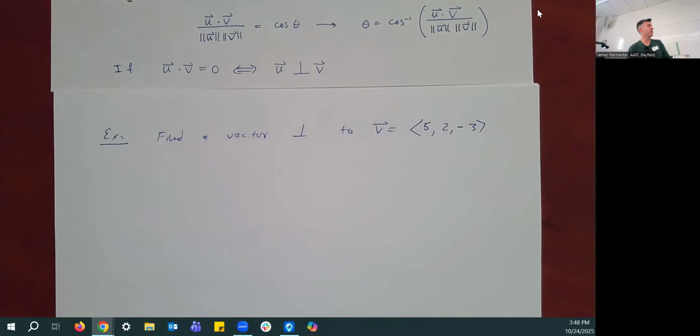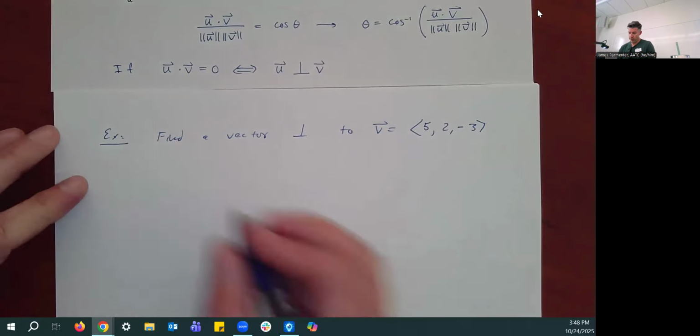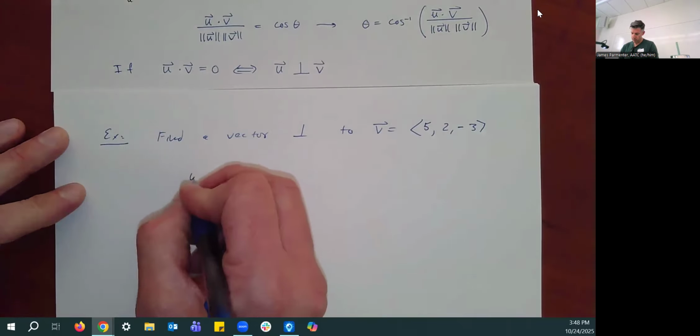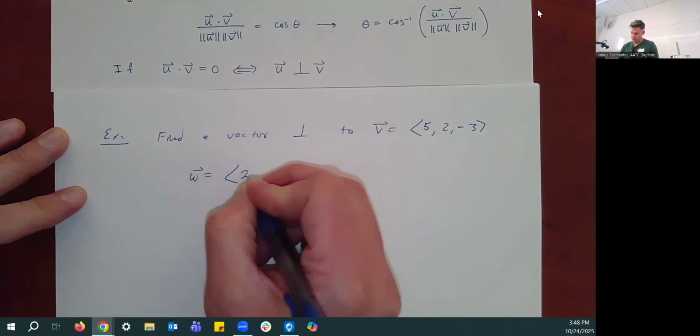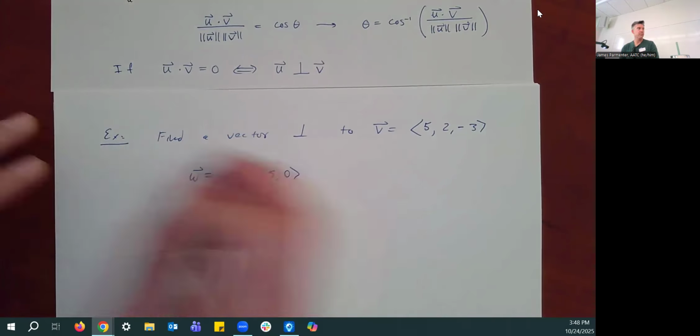When your vector is a vector in R3, that's three-dimensional space, it's actually really easy. It's almost too easy because you have an infinite number of options. Let me show you three real easy ones. One answer to this would be W equal to 2, negative 5, 0.